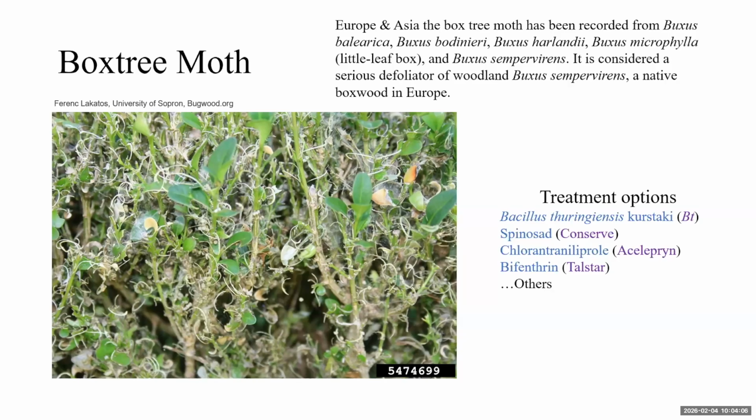Could we potentially be moving it that way? So the question is, is it possible to move box tree moth from location to location via clippings and immature caterpillars? Basically, yeah. Okay. I would say that would be a less likely way, but not entirely impossible.